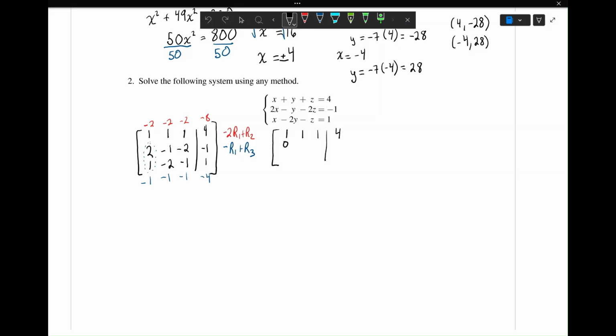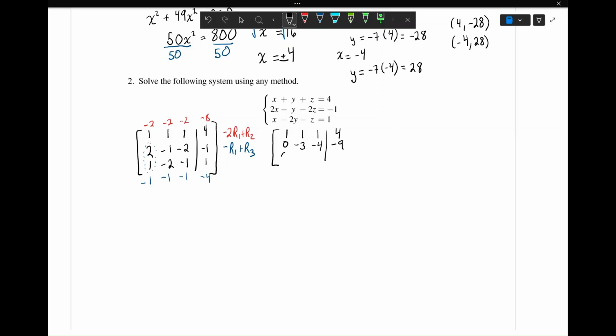And I'll have a 0 here in the first column, second row. But everything else is going to look weird. I end up with a -3 here, a -4 here, and then a -9 here.